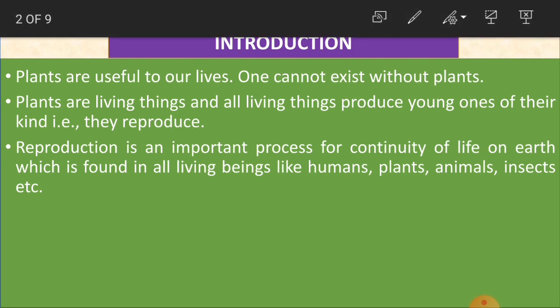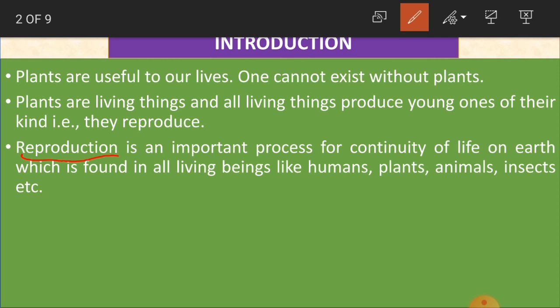So reproduction, what is it? This is an important process for continuing of life. As we said before, when the plant is giving birth to another plant, the life of plants is continuing on the earth.